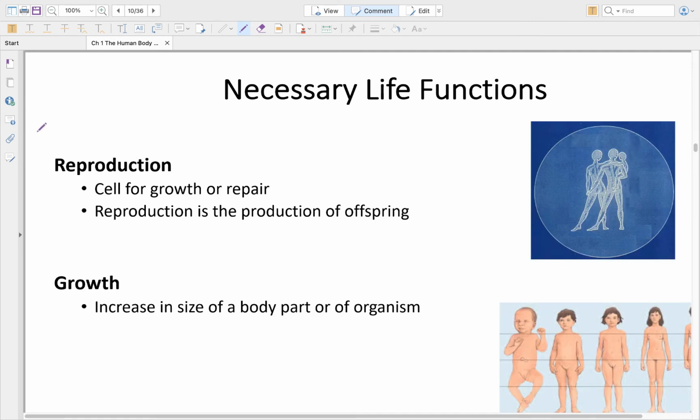All right, reproduction. Another necessary life function is being able to reproduce. Okay, and we're talking about cellular reproduction. You have approximately 30 trillion cells that make up all of your tissue, that make up all of your organs, that make up all of your organ systems. Now, those cells have to be able to grow and renew themselves, and they do.